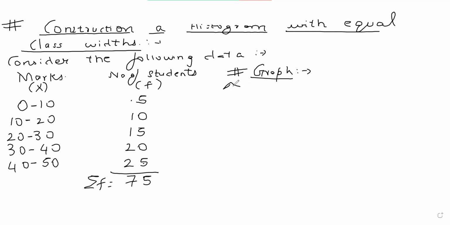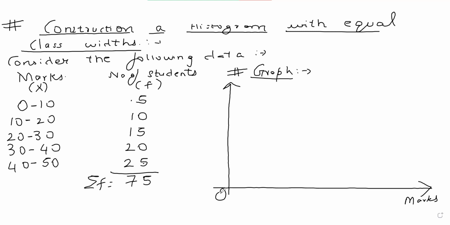So how do I draw a graph? We have done this in high school as well. On the horizontal axis, we have the marks, which is my random variable, X. And on the vertical axis, we have the number of students, which is my frequency. You can choose a scale of your own choice on the y-axis. On the horizontal axis, starting from 0, I need to go till 50, so with equal gaps, 10. So these are all equally spaced.